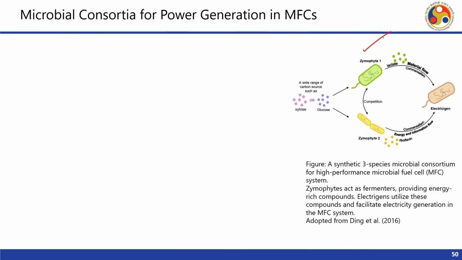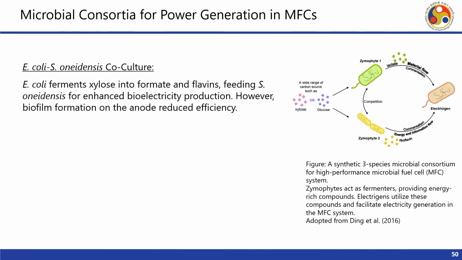So, here we have fermenter 1 and fermenter 2 and the electrogen; together they are the 3 species of this microbial consortium. So, you have this E. coli and S. oneidensis co-culture. E. coli ferments xylose into formate and flavins, feeding S. oneidensis for enhanced bioelectricity production.